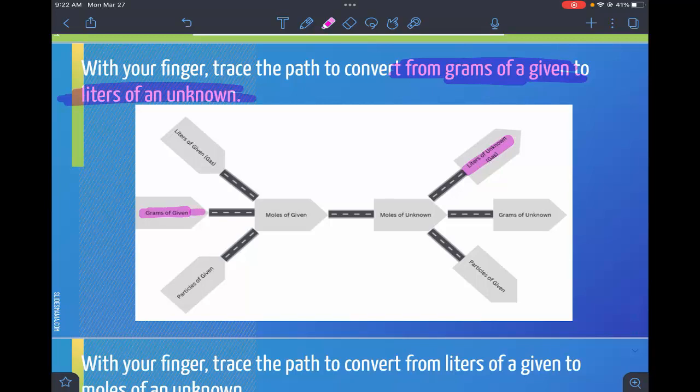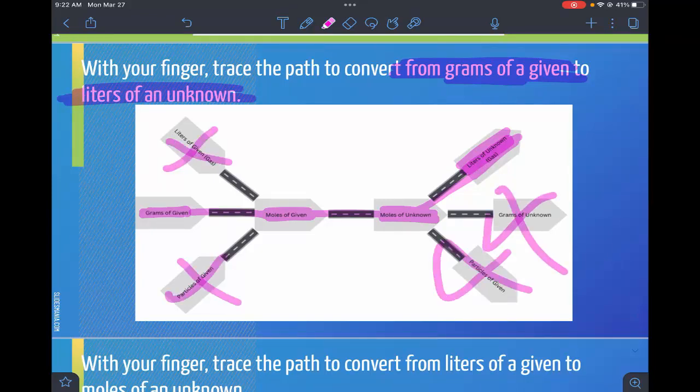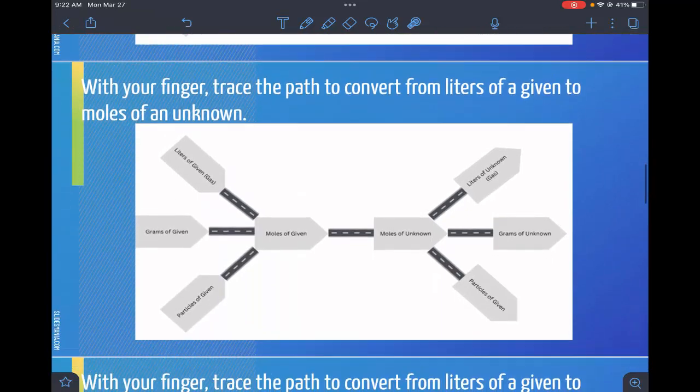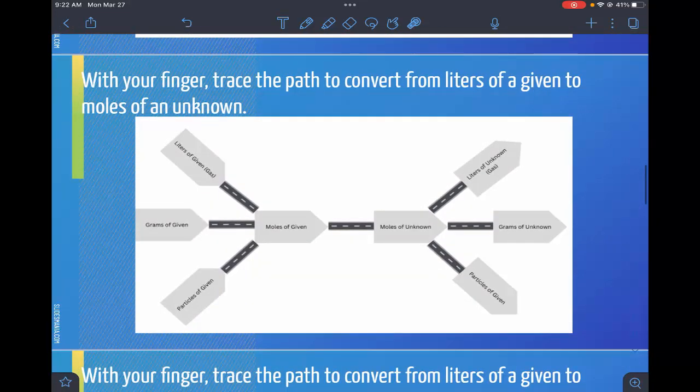So we have to go from grams of given to moles of given. The next stop is moles of unknown, and then that takes us to our final stop, liters of the unknown. Everything else on the molar roadmap for this problem we would ignore, and we would just follow that path from grams to moles to moles to liters. Feel free to pause this next one and try it on your own.